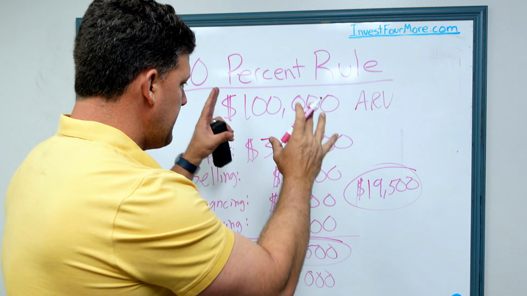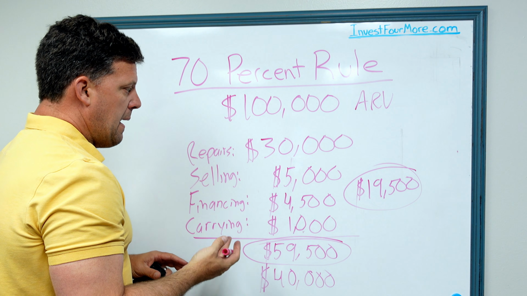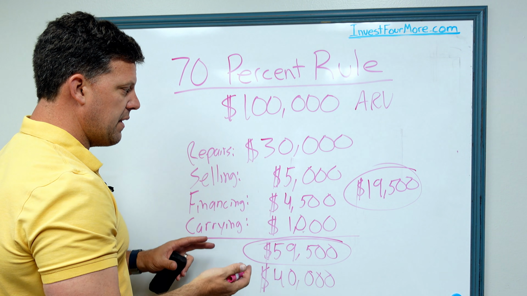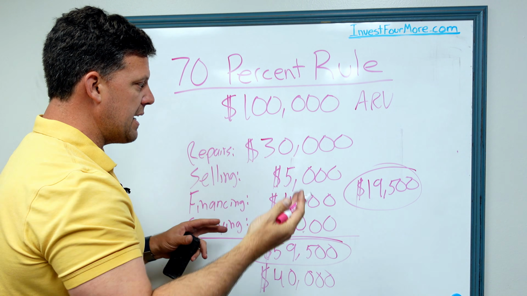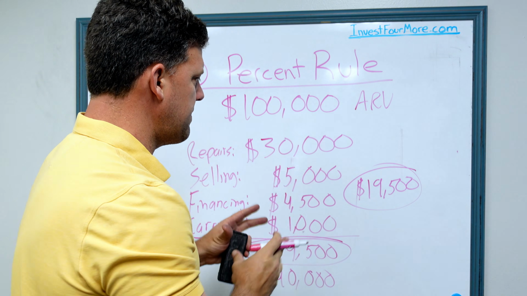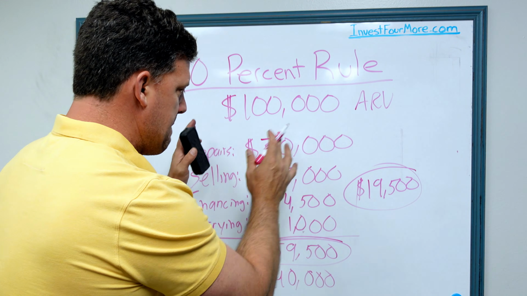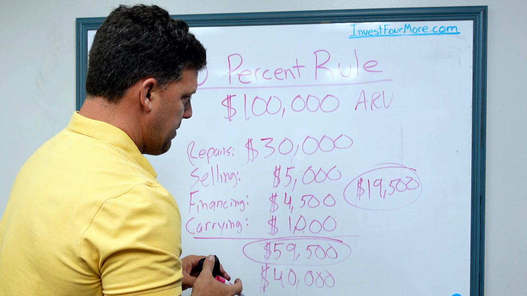And yes, all these are lower. You might have a little bit less exposure, but we're still financing it. We still have these other costs. You still have risks involved in selling this property. And in this price point, it might be tougher to sell. You know, there's a lot of different variables here. That's not a very big number to make based on the work and risk you have involved in this property.